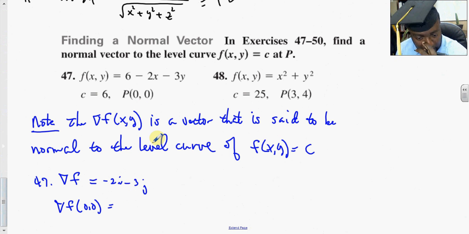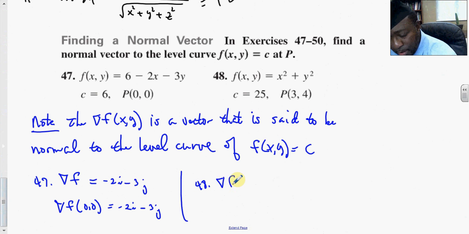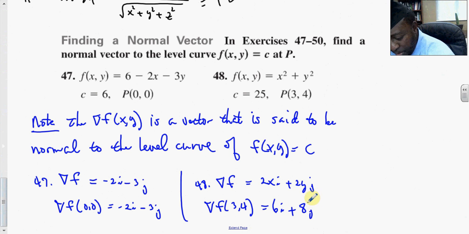It's going to be this same value, so it's still negative 2i minus 3j. Now for 48, the gradient of f is equal to 2xi plus 2yj, and the gradient of f at the point 3, 4 is 2 times 3, which is 6i, plus 2 times 4, 8j.